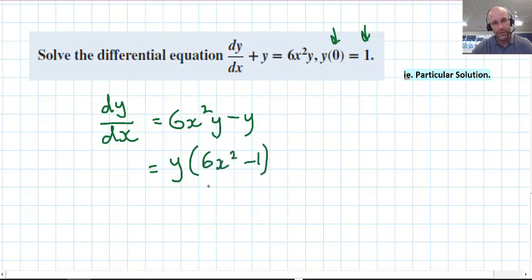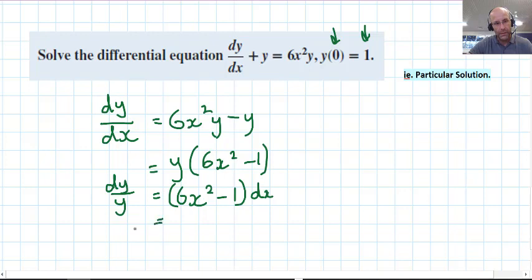That's important because separation of variables means x and y are free to move, and that means on the left hand side we'll have dy over y, and on the right hand side we'll have 6x squared minus 1 dx. And time to integrate both sides. We have the integral of dy over y, and the integral of 6x squared minus 1 dx.